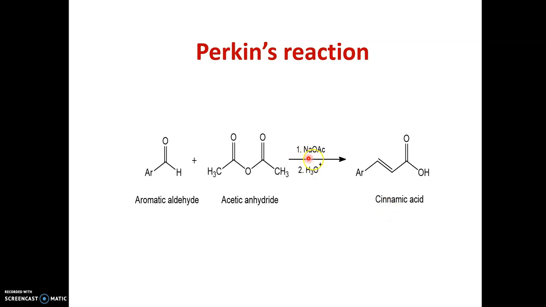Here the alkali salt of the carboxylic acid acts as a base and removes a proton to generate the alpha carbanion, which in turn attacks the aromatic aldehyde to give the corresponding aromatic unsaturated cinnamic acid.